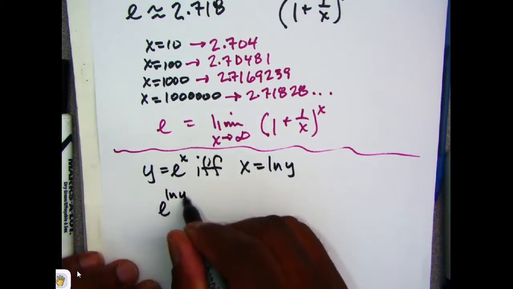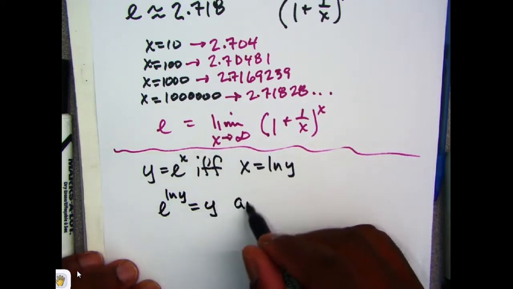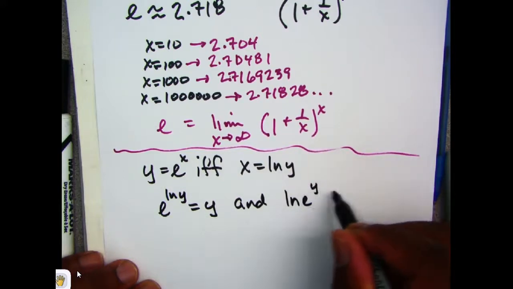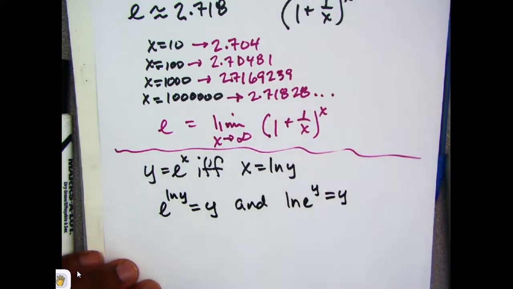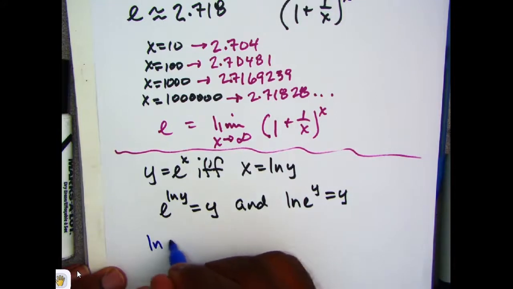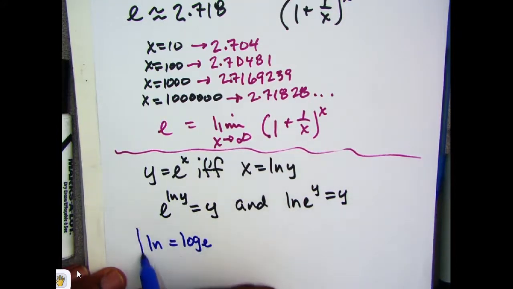e to the natural log of y is equal to y. And the natural log of e to the y is equal to y. Also recall that the natural log is just a log with a base of e.